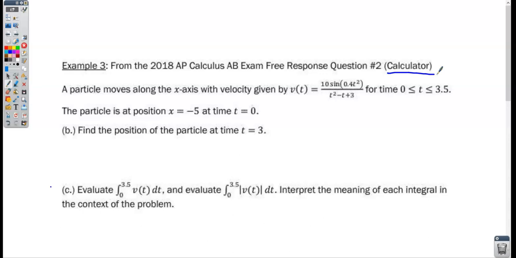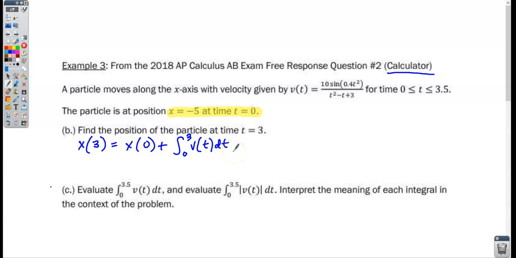Part B asked us to find the position of the particle at time 3. So the basic relationship that we're looking at here is the position at time 3 is equal to the position at a known time, which is this position right here, position at time 0, plus the integral from 0 to 3 of the velocity function.